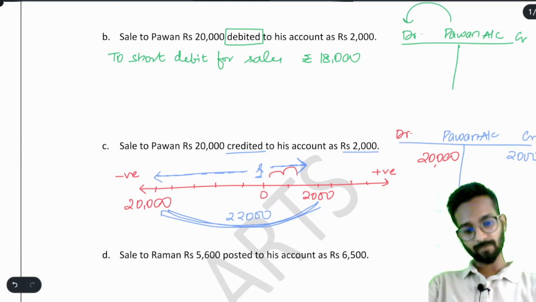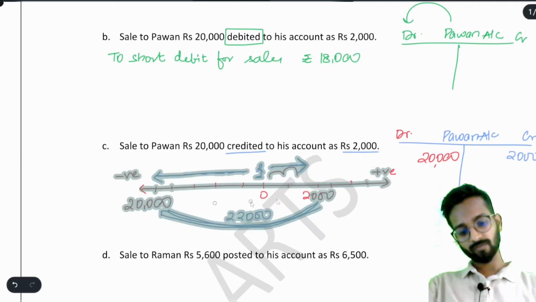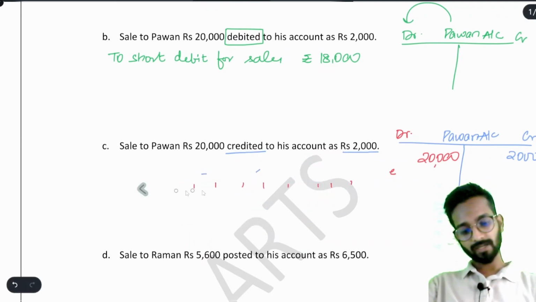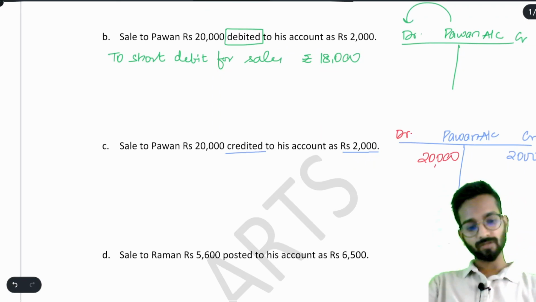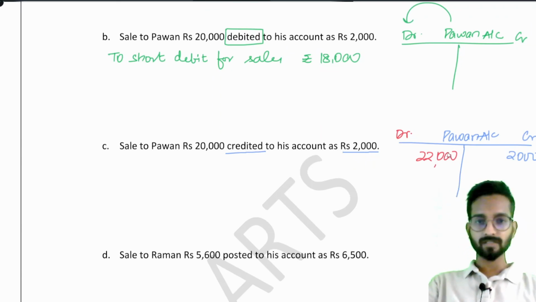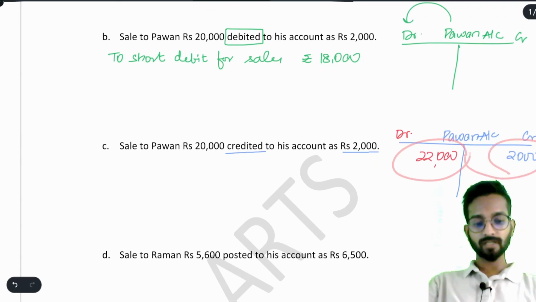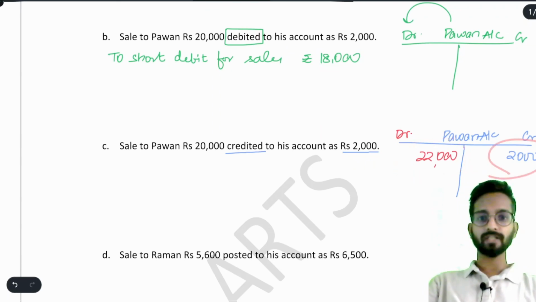Exactly the same thing is happening here. We had to debit the 20,000, but I credited 2,000. So now I have to debit here how much? 22,000 rupees. Understood? Why? Because now the effect will become 22 minus 2. How much will be the effect? 20,000 on the debit side.